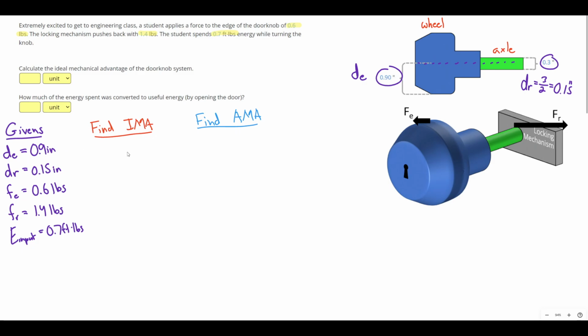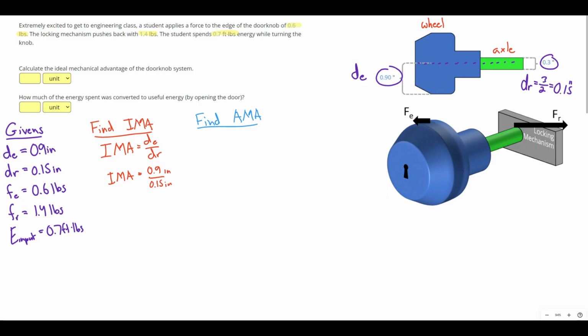Okay, first thing we can do is find the IMA of this system. I'm going to do that now. Because we have the effort distance and the resistance distance, we can just do this in one shot. DE over DR. That's going to give us 0.9 over, that's a 9 there, 0.9 over 0.15.